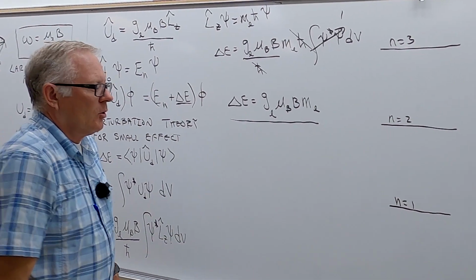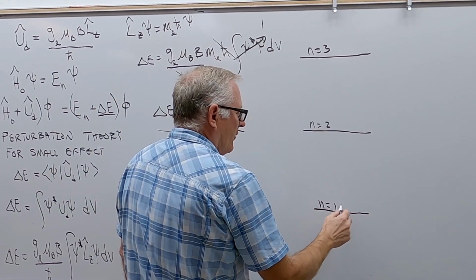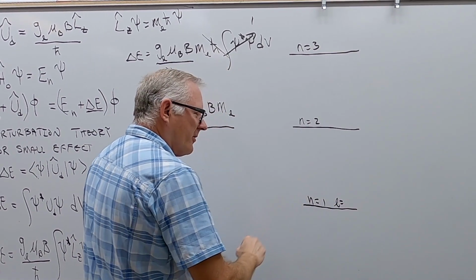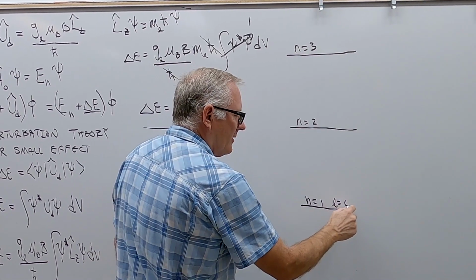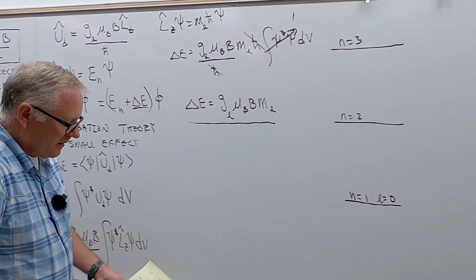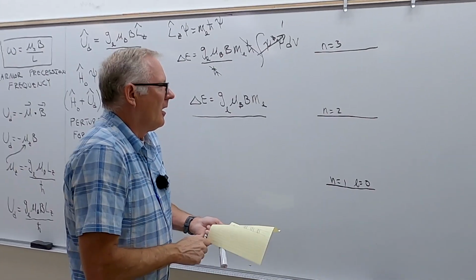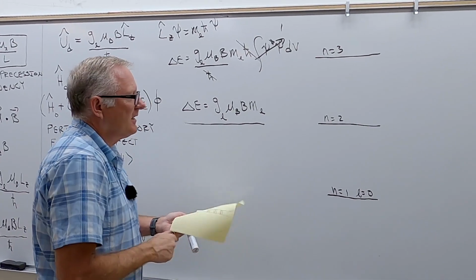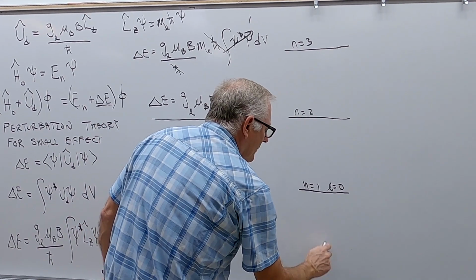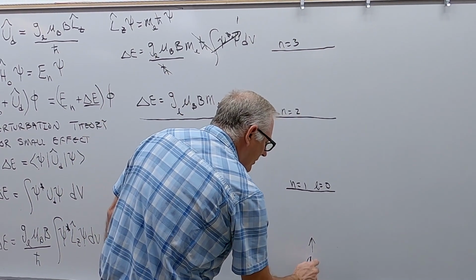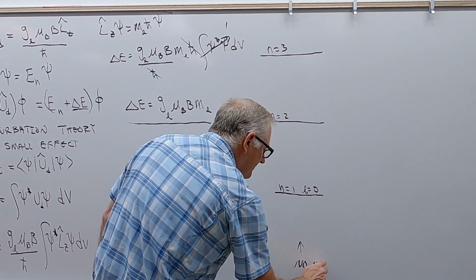Well, when N equals 1, we already know L can only be 0 to 1 less than this, so it can only be 0. So when I put in, this right here is the energy I get when there's no magnetic field.